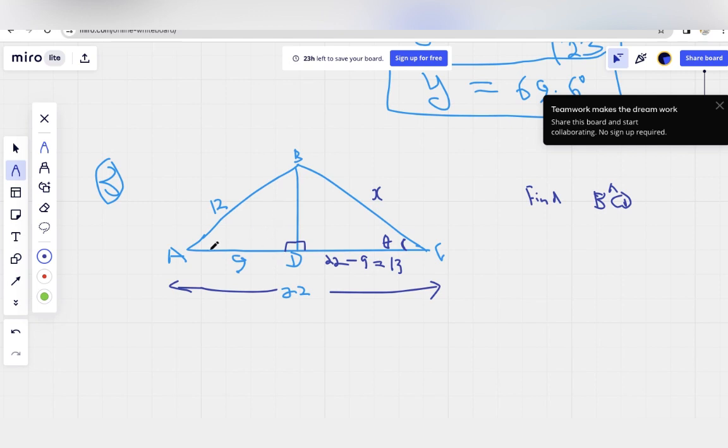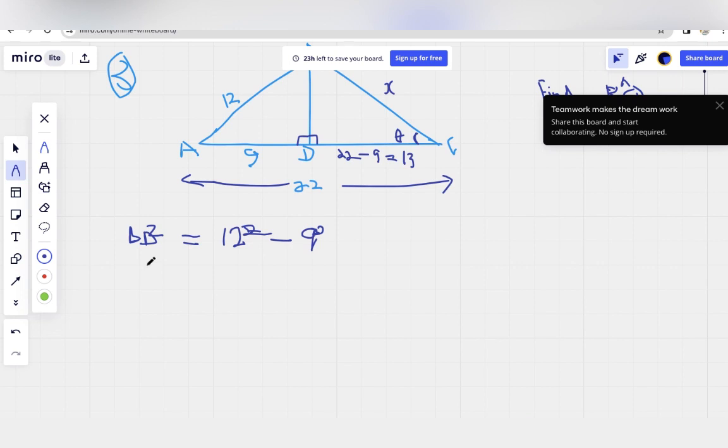To find BD, we say the longest side squared minus one of the shorter sides squared, which is 12 squared minus 9 squared. So BD squared is equal to 12 squared minus 9 squared.